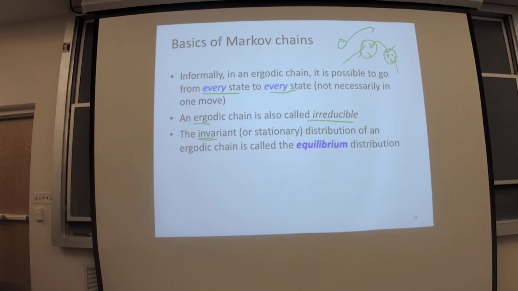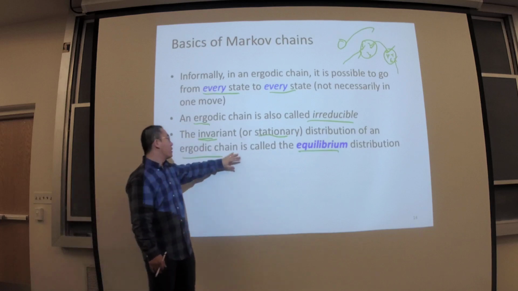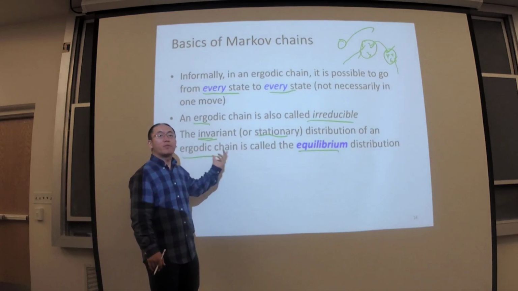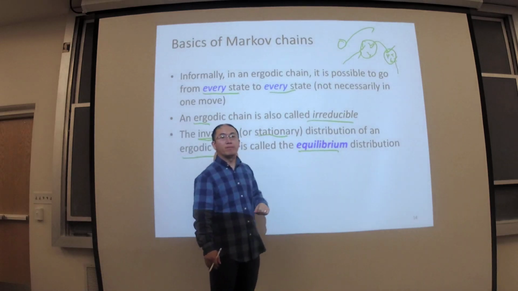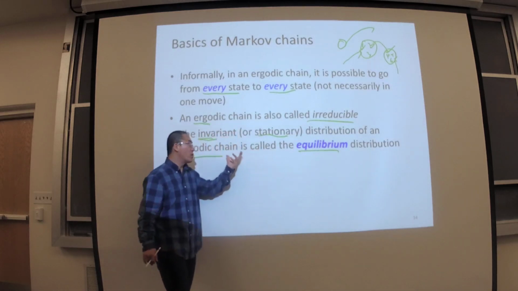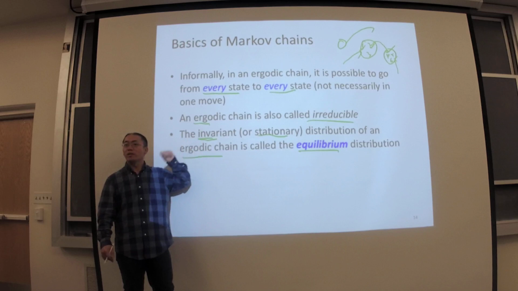The invariant or stationary distribution of an ergodic chain is called the equilibrium distribution. Equilibrium is also a stationary distribution, but it's just from ergodic chains. So in Markov chains, when we say our stationary distribution is always an equilibrium, it's because we're always trying to construct an ergodic chain, because we want to ensure that it only converges to one stationary distribution.